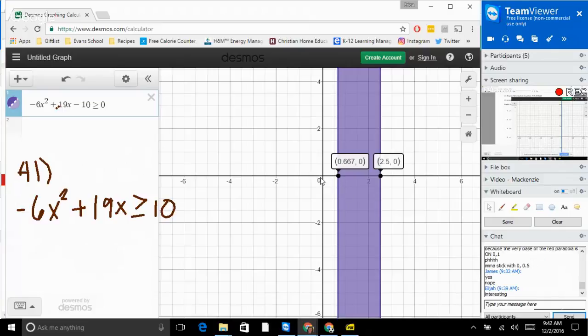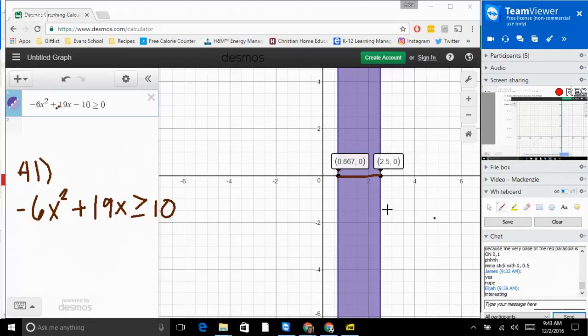x equals 0 would not work. If I plug this in, 0 plus 0, negative 10 is not greater than 0. So 0 doesn't work. It's the inside shaded area that's true. If I wrote it as a number line, I would draw it like this.